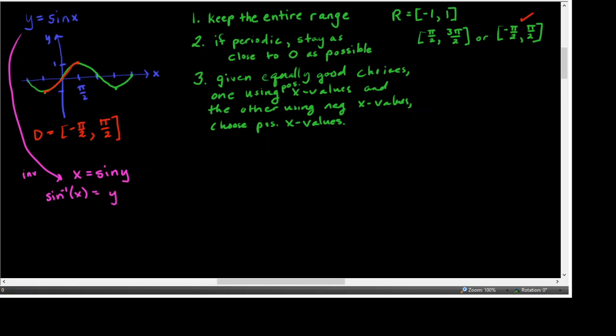And so your inverse function here would be sine inverse of x, or you can call it arc sine of x if you prefer. Let me go back here and define that to be our function f of x. So that inverse of f notation makes more sense.